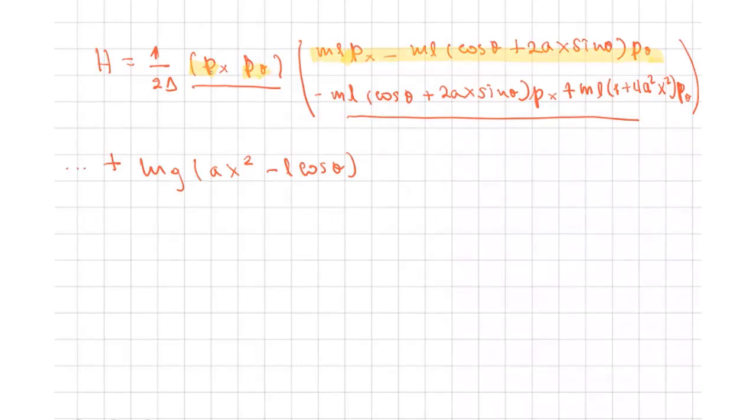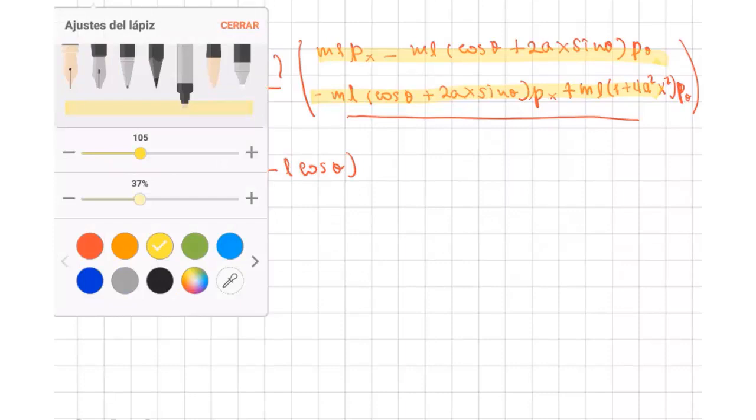The multiplication of this one with this one, we are gonna add it up with this one and this one, multiplying them. So this is an operation between vectors or matrices, in this case a column matrix and a row matrix.